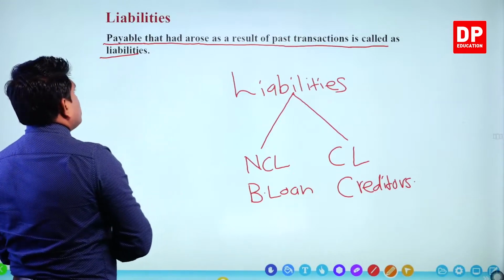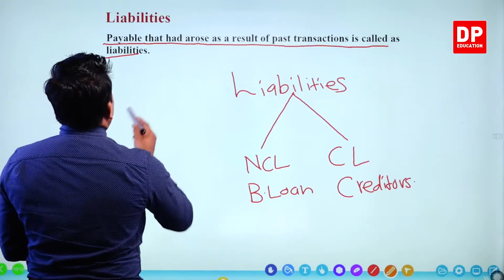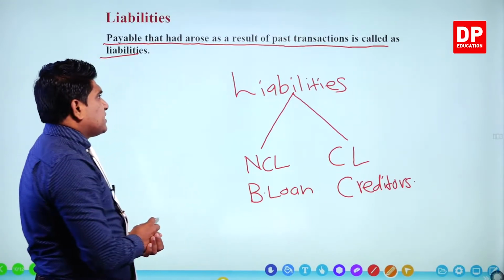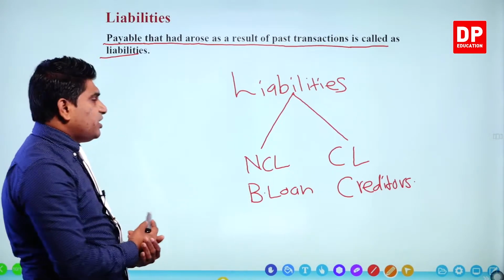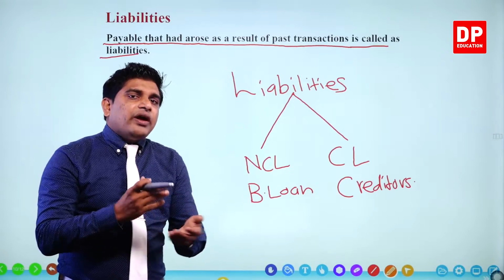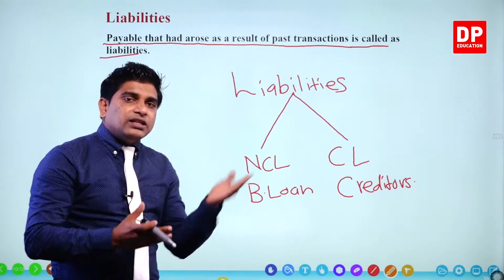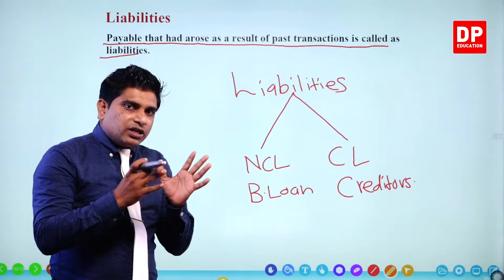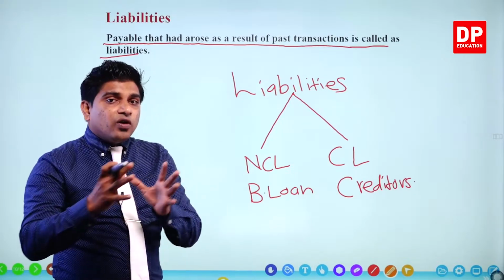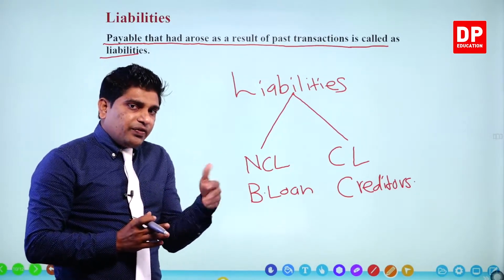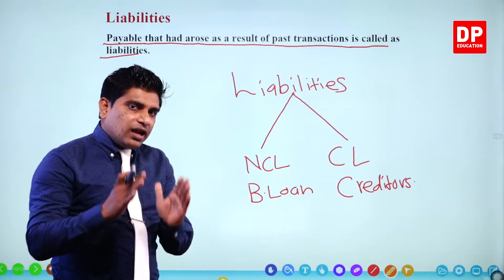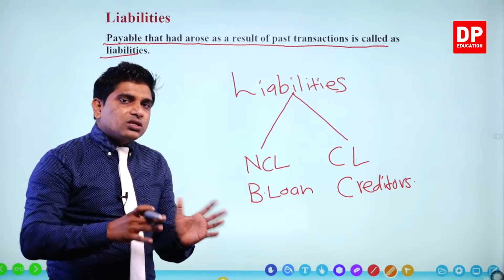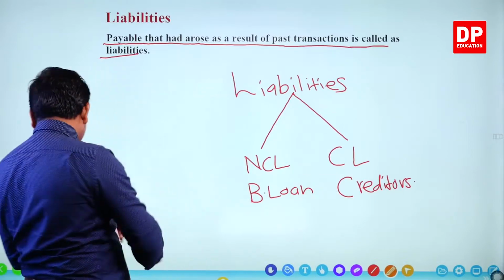Now again you see the definition: a payable that has arisen as a result of past transactions is called a liability. In the future we have to settle them, and when we settle them, our economic resources outflow from the business. But when we define an asset, economic benefits inflow; when we talk about liabilities, economic resources outflow, right?